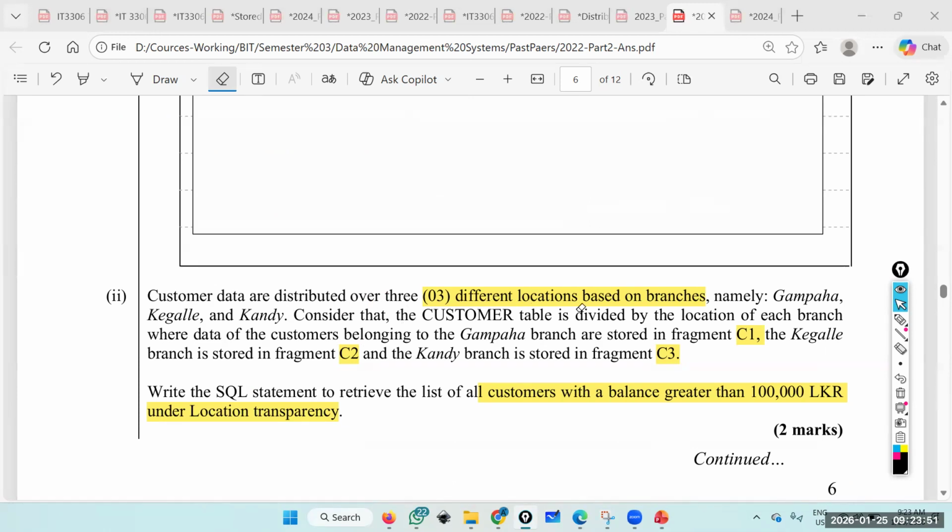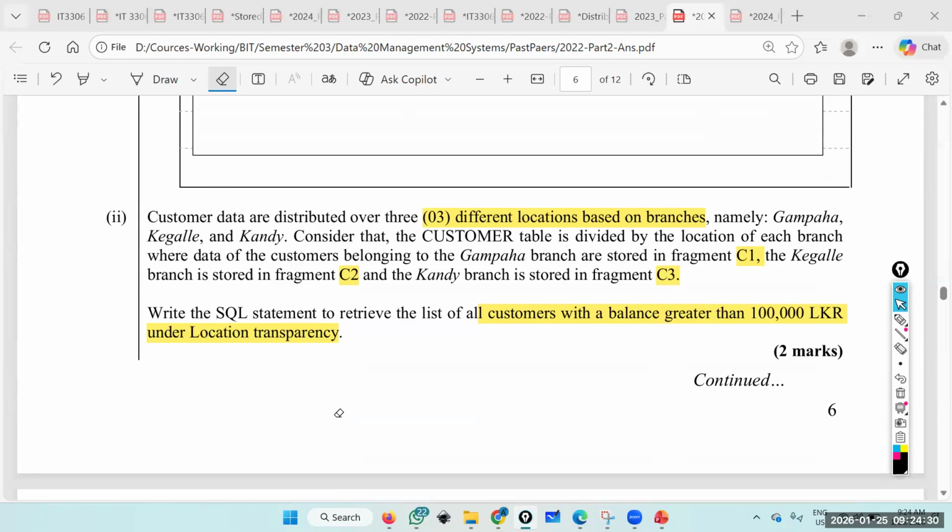Consider that customer table is divided by location of each branch where data of the customers belonging to the Gampaha branch are stored in fragment C1, Kegol branch is stored in fragment C2 and Kandy branch is stored in fragment C3. Write the SQL statement to retrieve the list of all the customers with a balance greater than 100,000 LKR under location transparency.